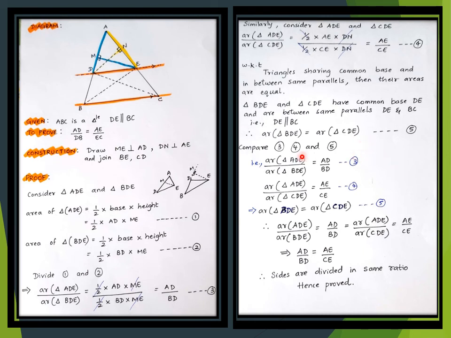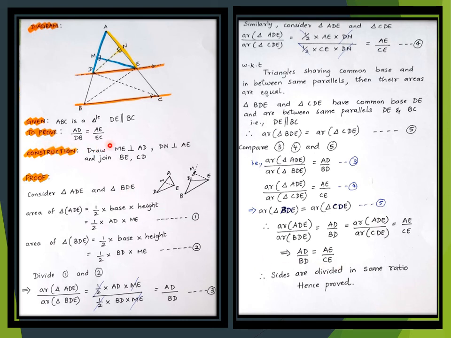If you compare these three equations, that is equation 3, equation 4 and equation 5, you can arrive at the conclusion that area of triangle ADE by area of triangle BDE is equal to AD by BD is equal to AE by CE. So you can write it like this, that is AD by BD is equal to AE by CE. Therefore, it is proved that sides are divided in the same ratio. AD by BD is equal to AE by CE.